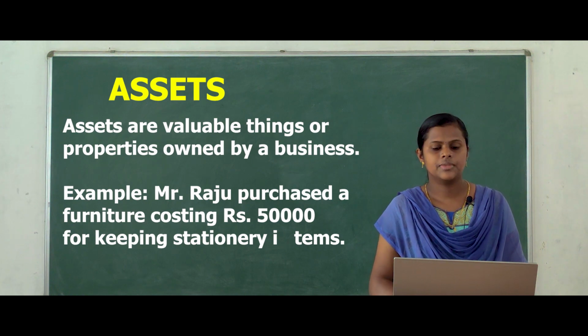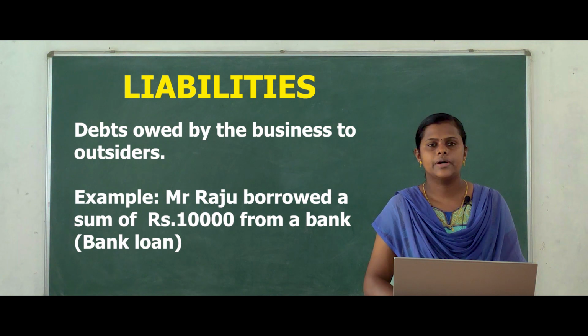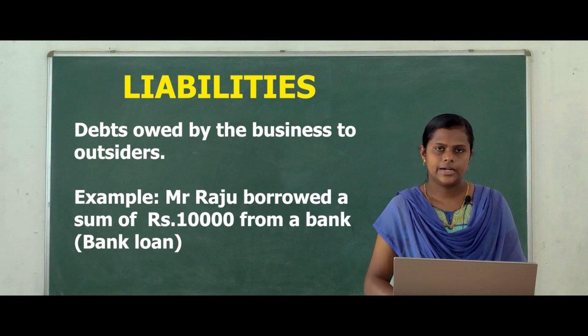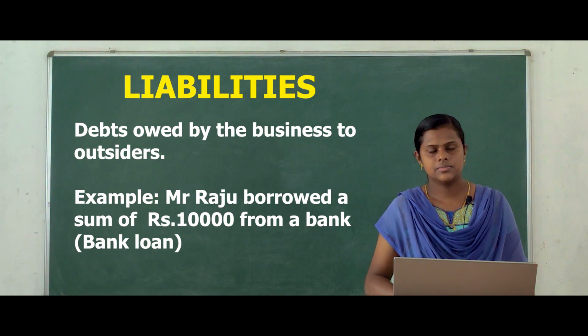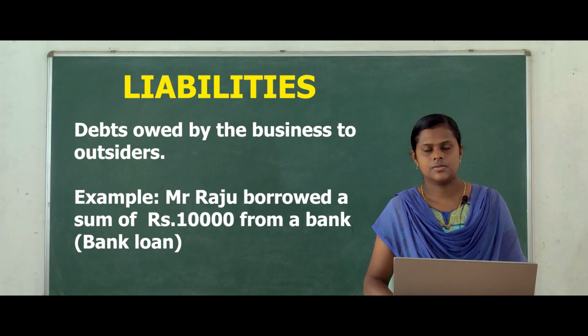The next term, liabilities. Liabilities are the debts owed by the business to outsiders. These are the amounts payable to outsiders. Outsiders means the persons or institutions outside the business.